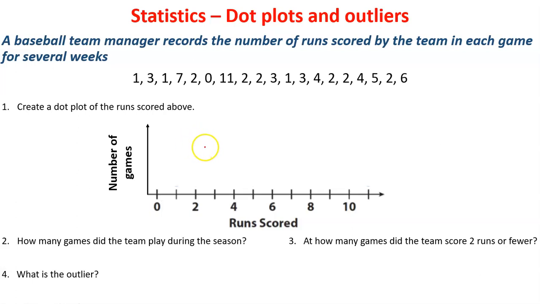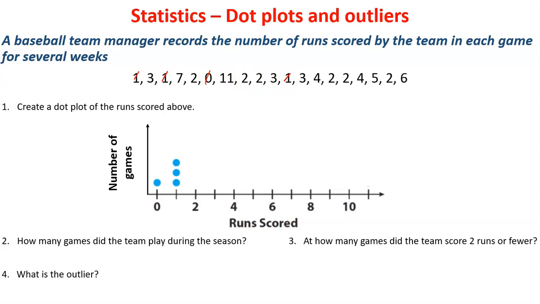So having a look at our data up the top, how many games had 0 runs? Well, it looks like there was only the 1. So we can add that onto our dot plot. How many games had 1? So we've got 1, 2, 3. So we can put 3 dots for that one.